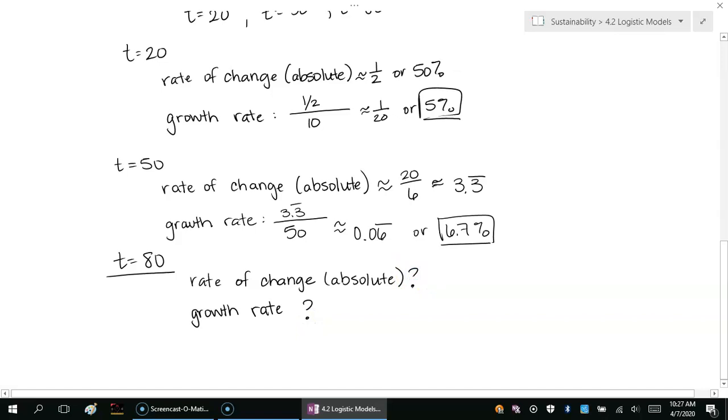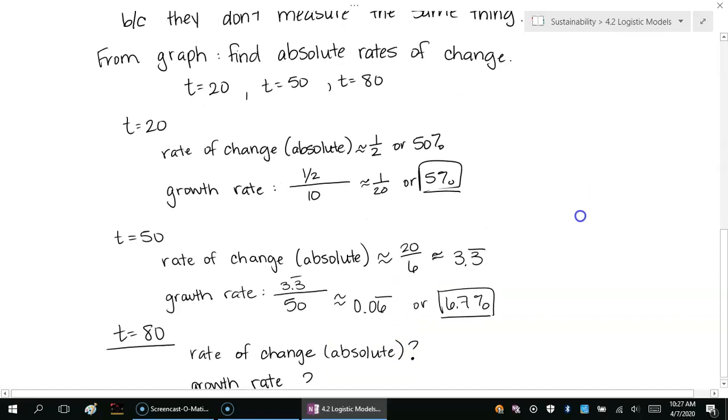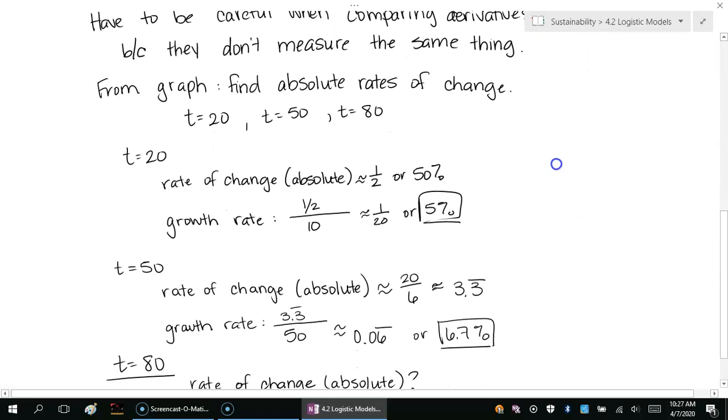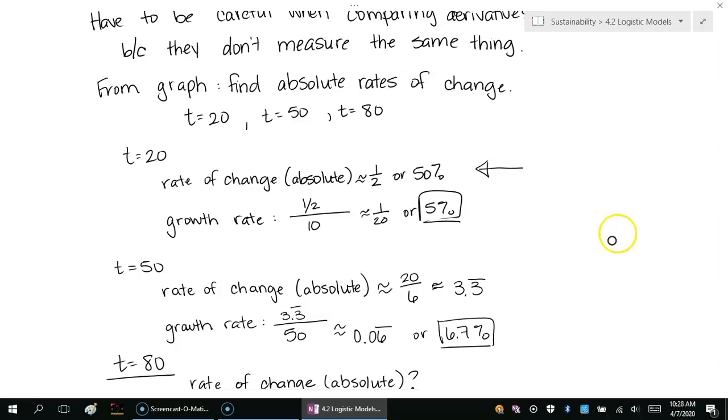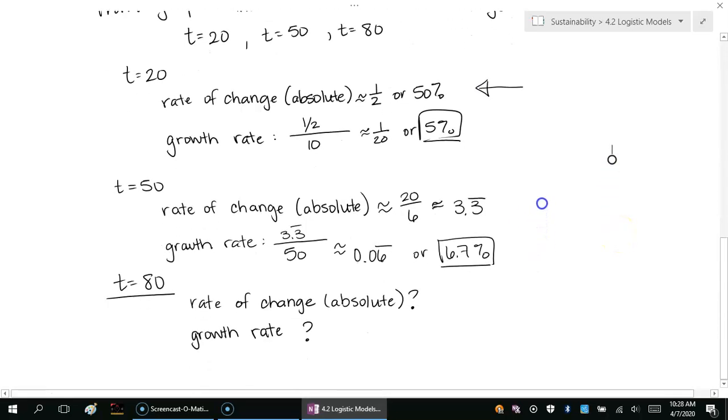And what you should notice is that the rate of change at t equal to 80 is actually going to be pretty similar to the rate of change at t equal to 20. But the relative growth rate is going to be much smaller. So you should get something about 1/2 for its derivative, but you'll notice that that means that the growth rate at that point is a much smaller number.